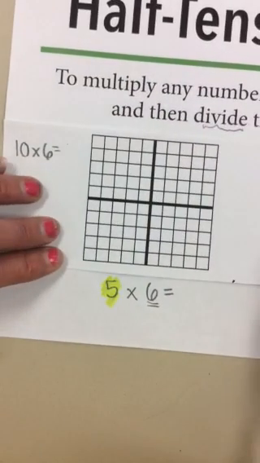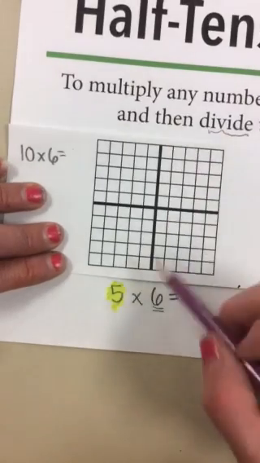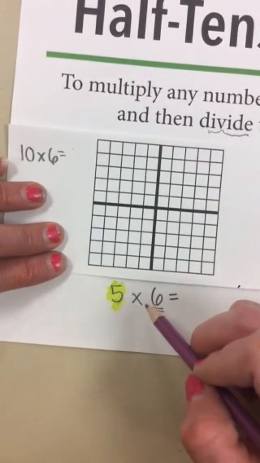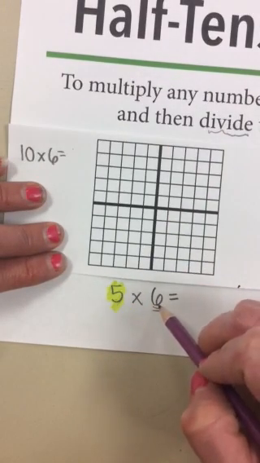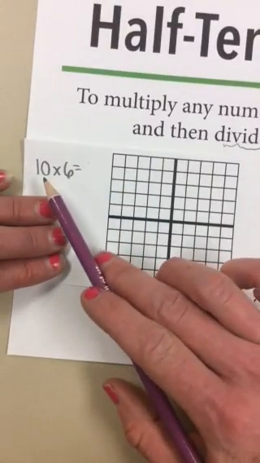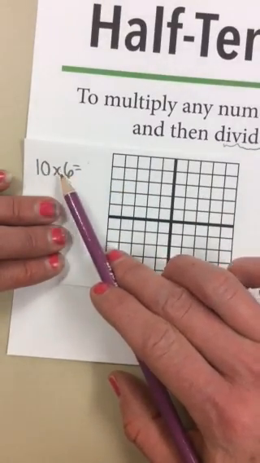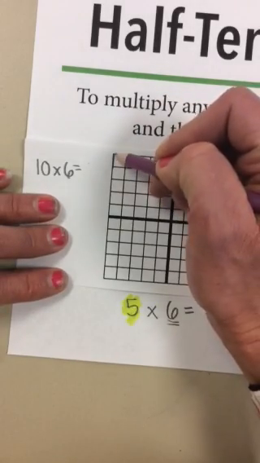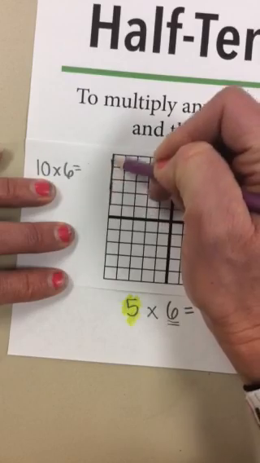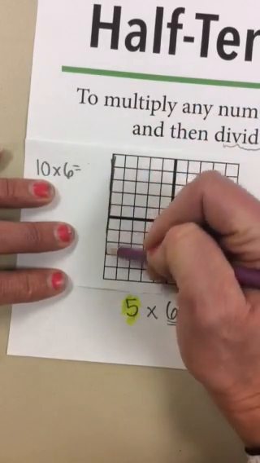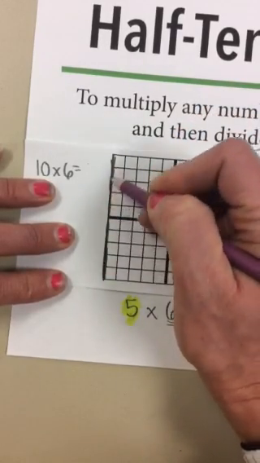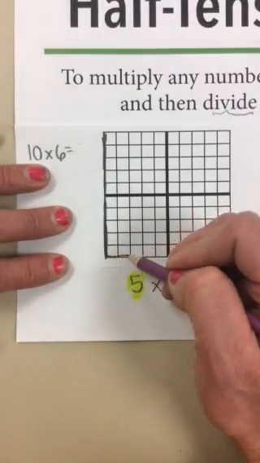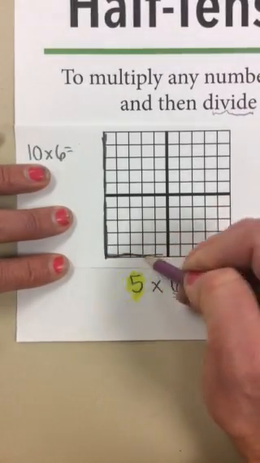Okay. So first, to get our 5 groups of 6, we're going to think of it as 10 groups of 6. So I'm going to right away outline 10 rows, 10 rows by 6 columns.